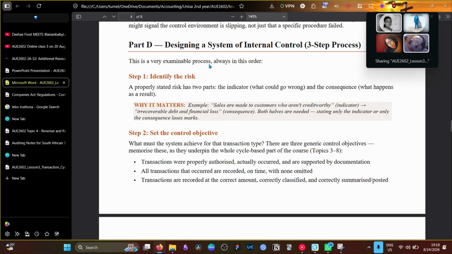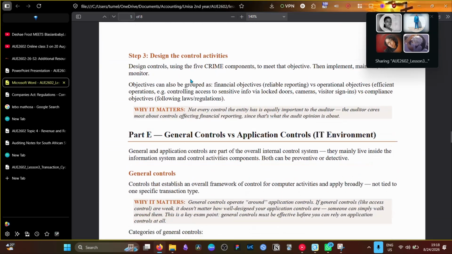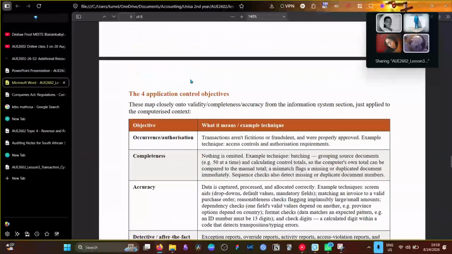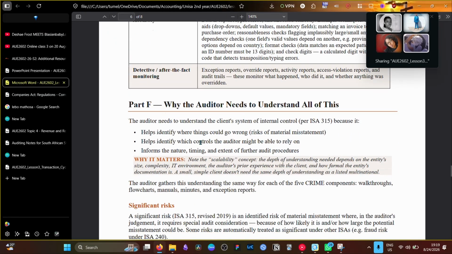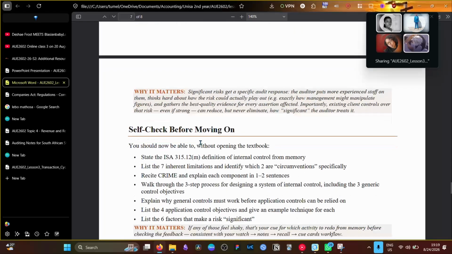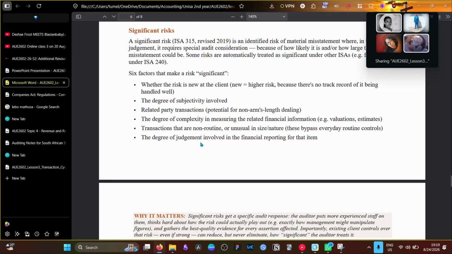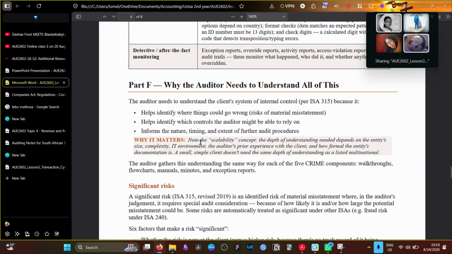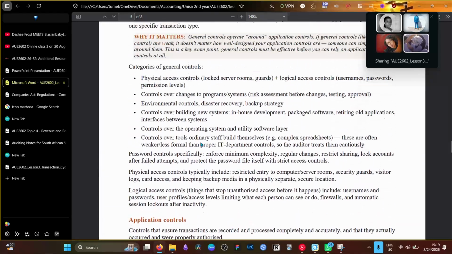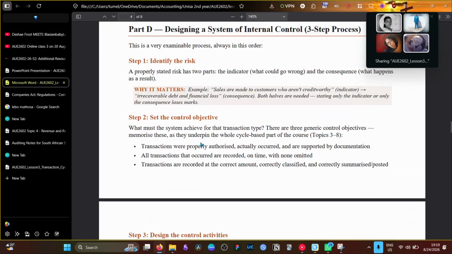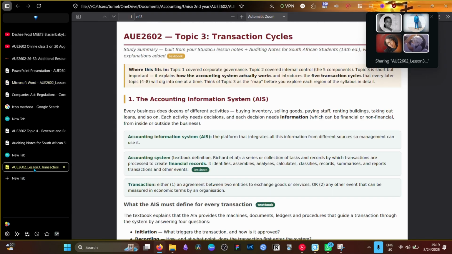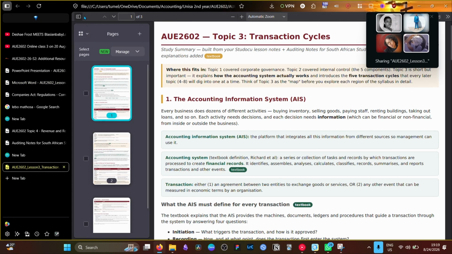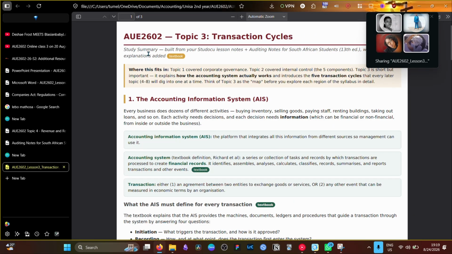It's part D and then E. That's where it ends, so it's not that much. Hopefully when we get time we can go back to it. But for now, let us focus here.